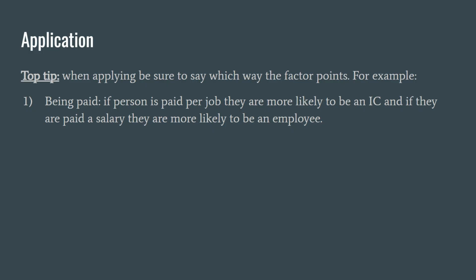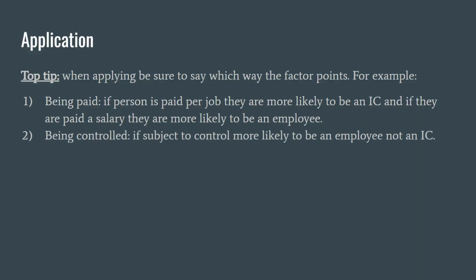If you are paid per job, you're more likely to be an independent contractor. And if you're being paid a salary, regardless of how much work you do, then you are more likely to be an employee. So say that. And if the scenario doesn't say, you may have to speculate. You may have to say if they are paid per job, they are more likely to be an independent contractor. And if they're paid a salary, they're more likely to be an employee.